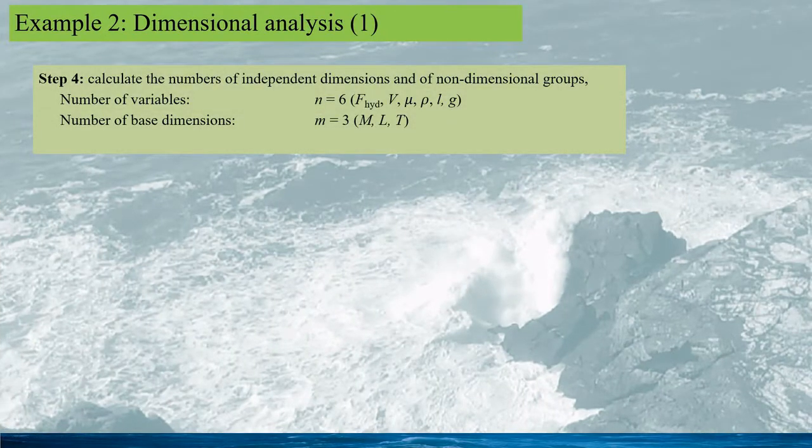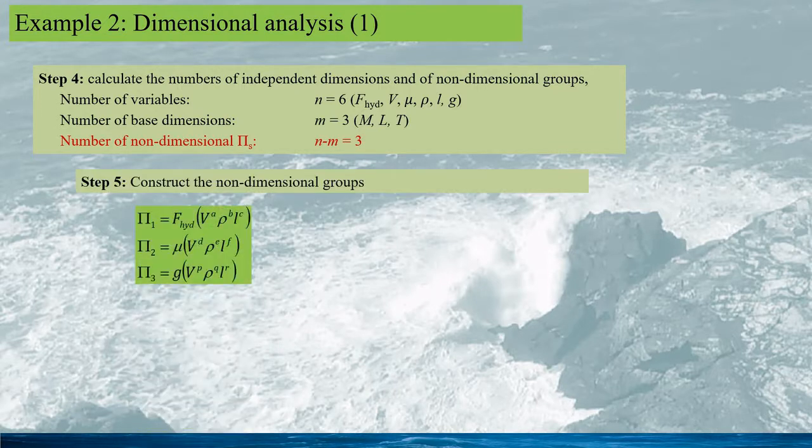So in step 4, based on the analysis previously, we have the total number of the variables, n equals 6, and the base unit, m, equals 3. Then we can decide the number of the non-dimensional parameters for the problem. In this case, n minus m is 3. Therefore, there will be 3 non-dimensional parameters.